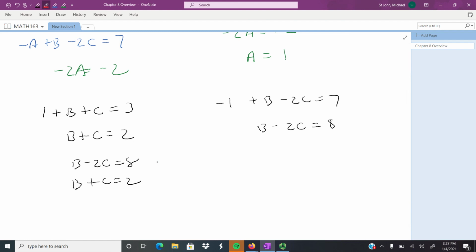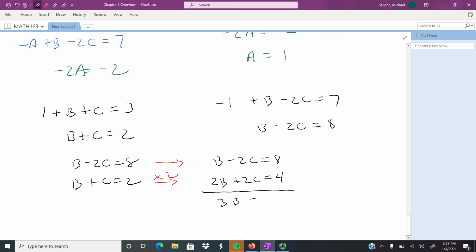So if I leave this one alone and multiply this one by 2, we have b minus 2c equals 8 and 2b plus 2c equals 4. So this will give me 3b equals 12.